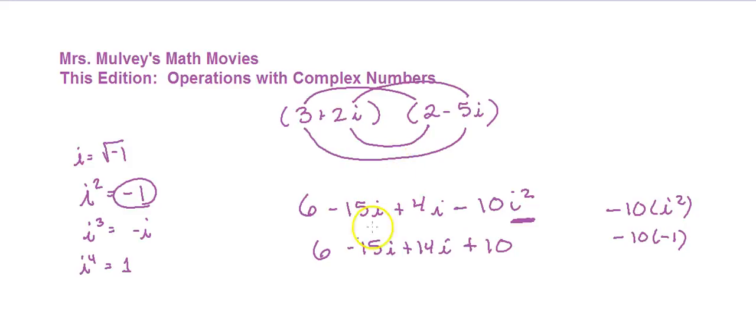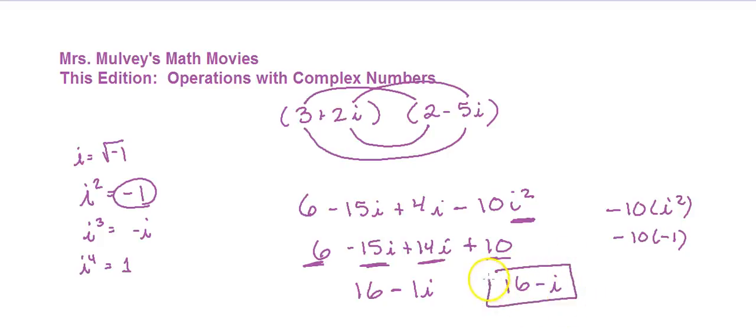And then I can add the 6 and the 10, that's 16. I can add the negative 15i and the positive 4i, that gets me negative 11i. That becomes 16 minus 11i, and that's the final answer.